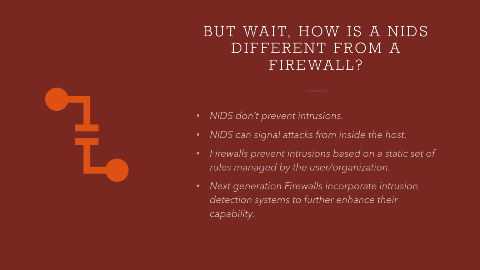An NIDS can signal attacks from outside the host, whereas a firewall has a set of rules which determines all the allowed connections. Say you have a known user that wants to make a remote desktop connection. You don't just allow remote desktop connections. You allow a specific subset and a request on a specific port, etc., to make the connection.